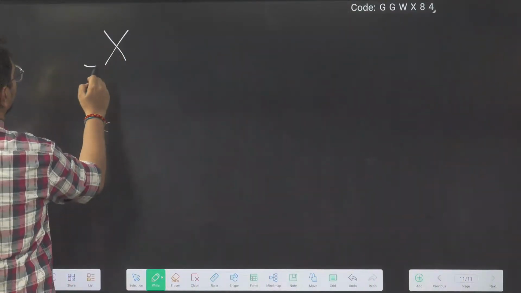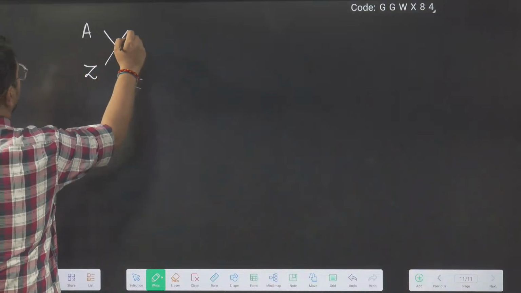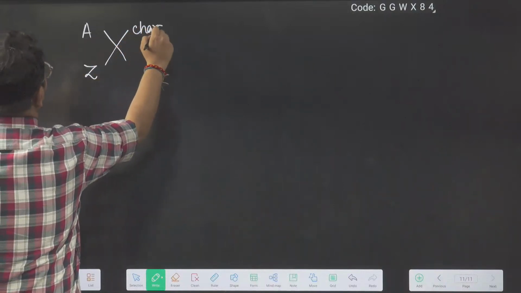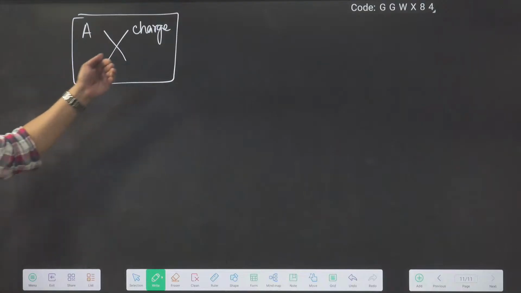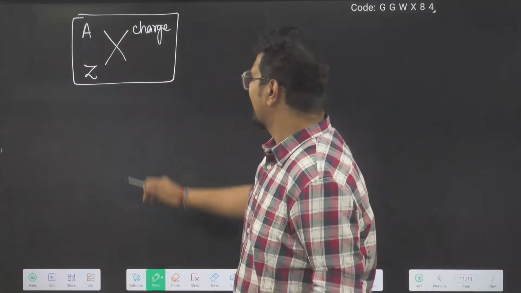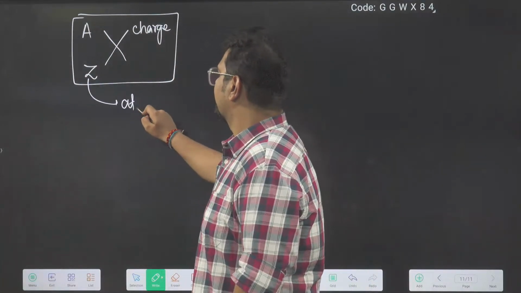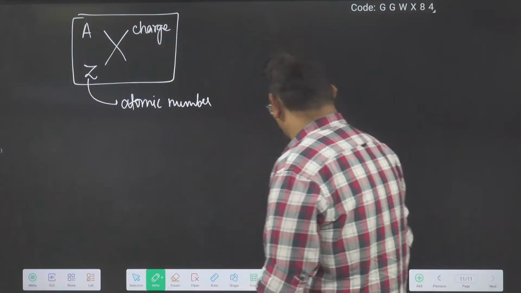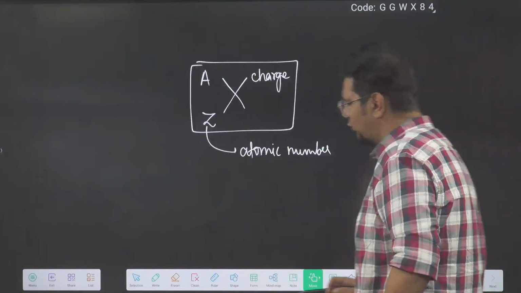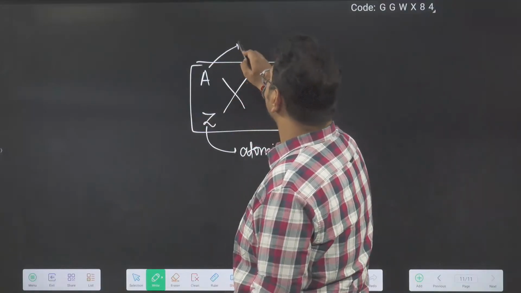Representation of an atom. In this manner we represent atoms or ions. Z is the atomic number. X is the symbol of the atom. A is the mass number.